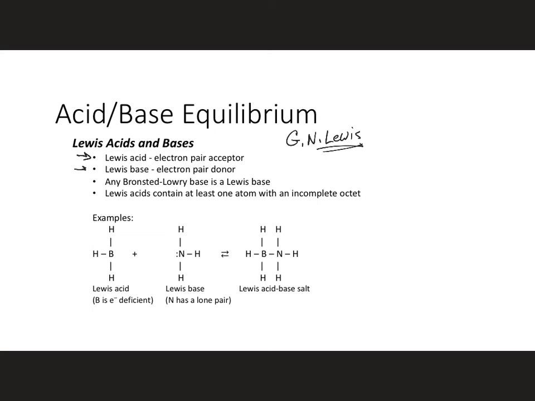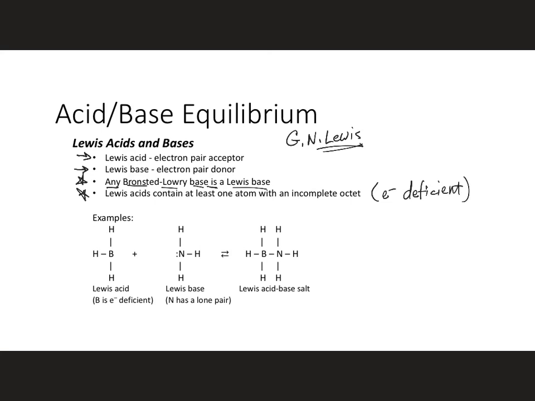A Lewis base is going to be an electron pair donor. It is important for us to note, under this definition, any Bronsted-Lowry base is a Lewis base. Lewis acids are going to contain at least one atom with an incomplete octet, or we would say they are electron deficient.